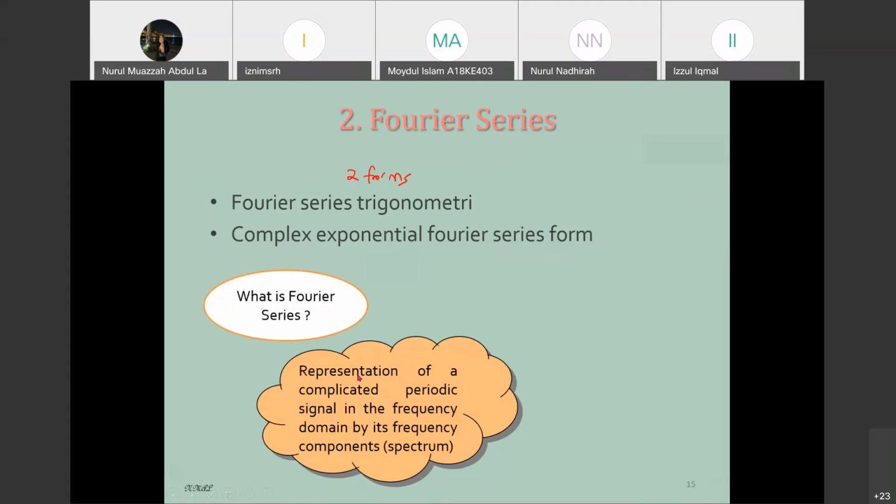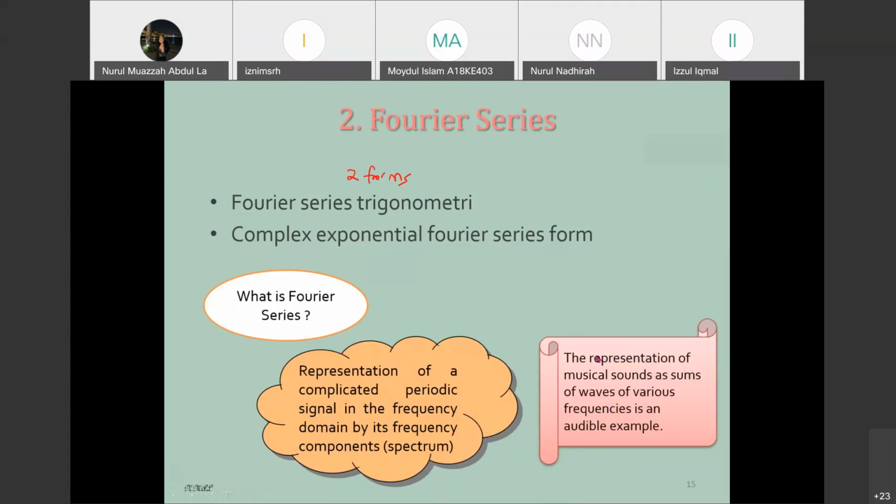It is actually a representation of a complicated periodic signal in the frequency domain by its frequency components or spectrum. An example here is the representation of musical sounds as sums of waves of various frequencies. It means that if you have a periodic signal, the summation of many periodic signals with one fundamental frequency, how are you going to represent that signal?